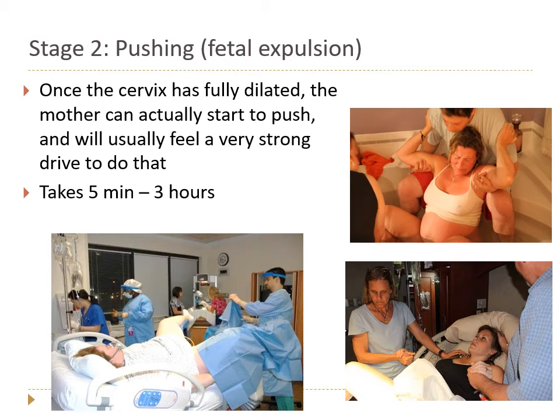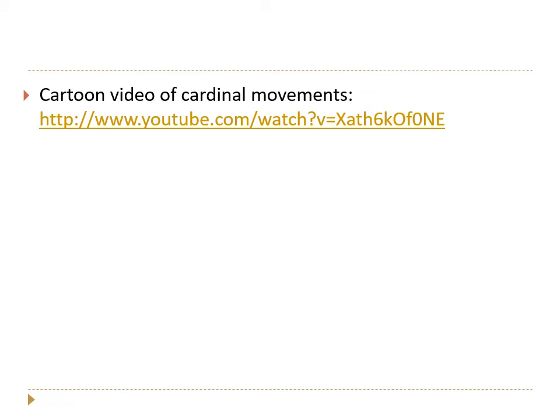So pushing is stage 2 of childbirth. And there's a really good video animation here of what's actually happening with the fetus inside the mom's pelvis during labor and pushing that I'm going to ask you to watch, because I can't produce anything near as good as that. And then you'll be able to see what's happening when you're pushing.